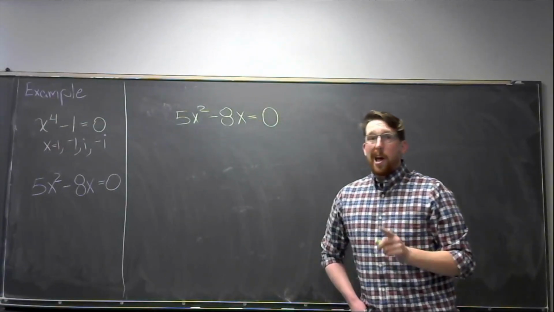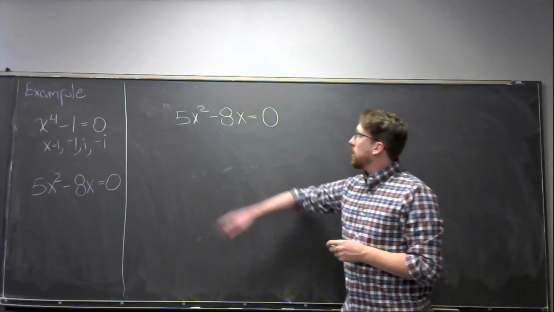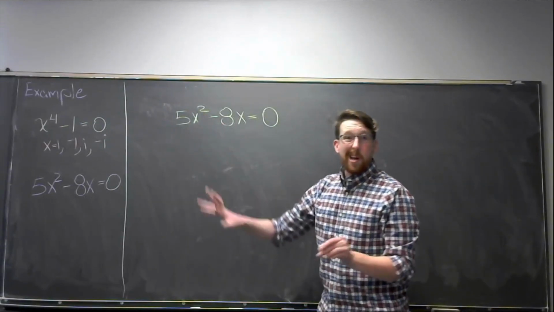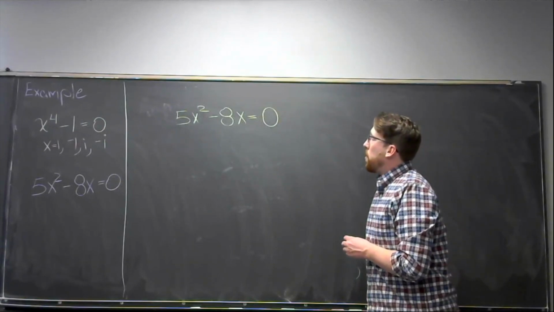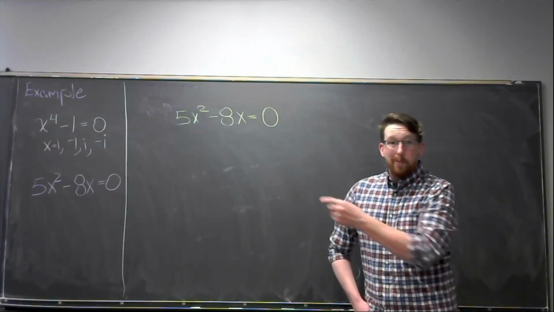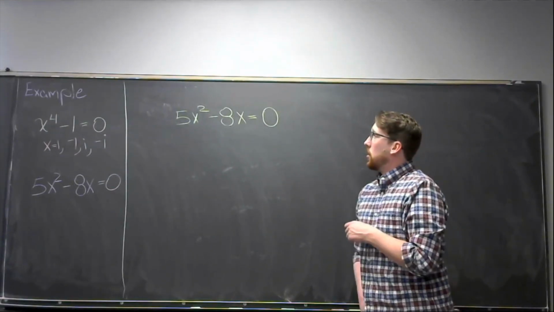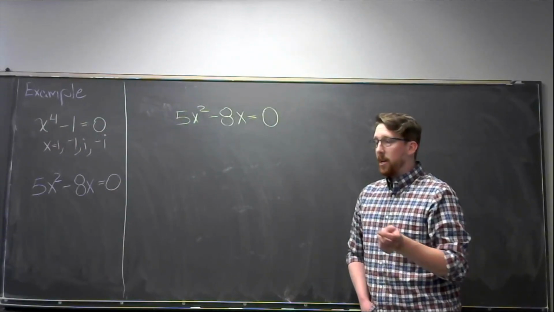To find out how many different solutions we're going to have, the first thing we can look at is that this is degree 2, so we're going to have at most 2 answers. And the second thing is, because this is degree 2, we can apply the discriminant.